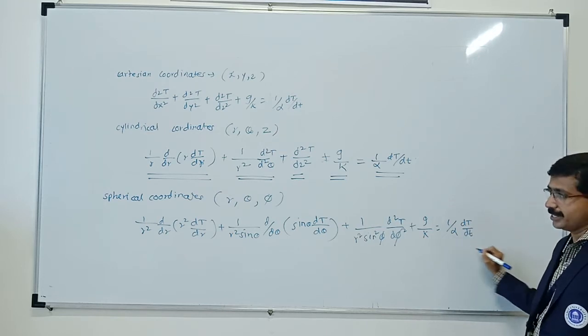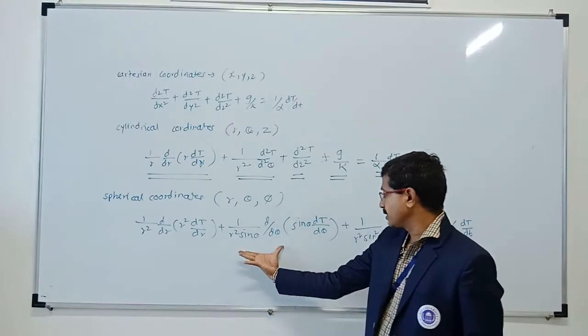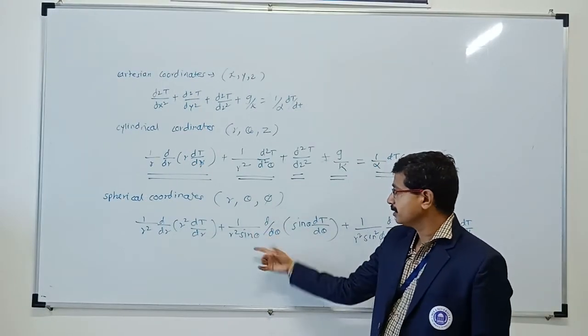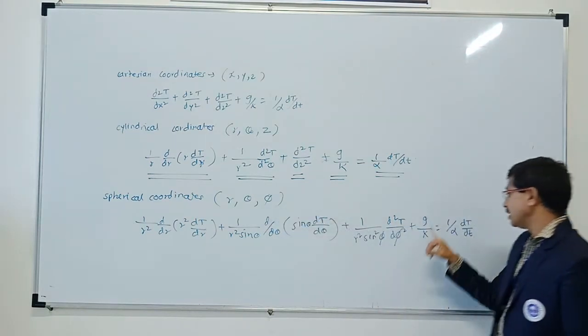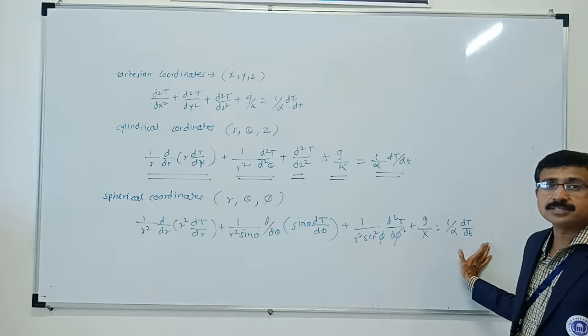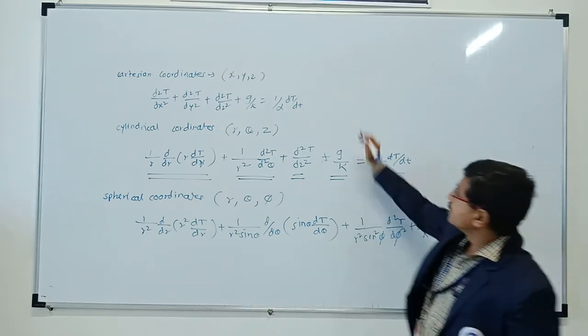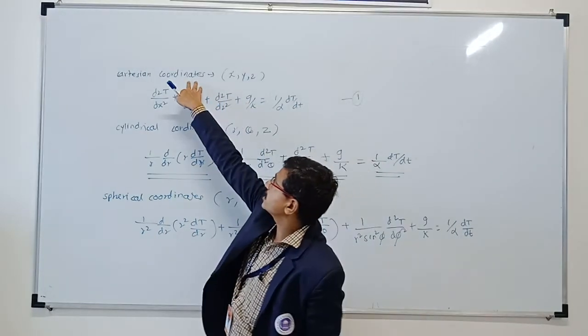This is the unsteady state term. So this first term indicates coordinate r, the second term, a little big term, is theta, and this is the third coordinate term, phi. So these are equation 1, the general heat conduction equation in Cartesian coordinates.